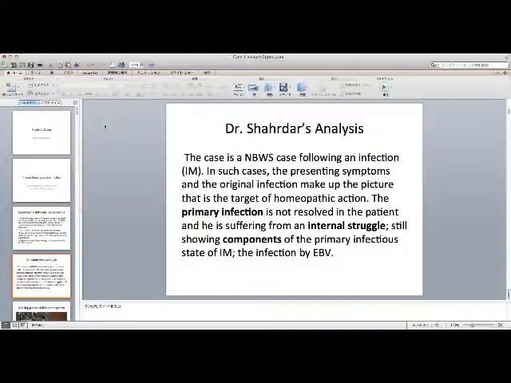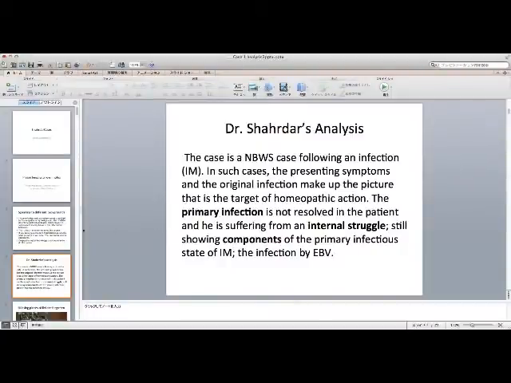The infection by EBV. So the primary infection is infectious mononucleosis. Okay, this is what he had, the infection that he had originally as a child. And he's suffering from an internal struggle. And so components, parts of the original disease, of the original primary infection, remain.